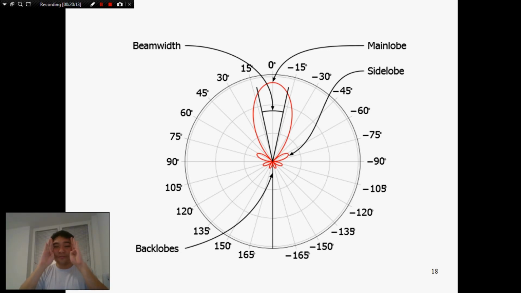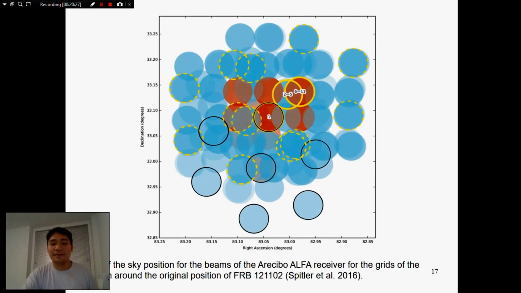But you can also detect the side lobe. This is the side lobe. If there is an FRB here, and it is bright enough, we can detect it in the side lobe. So that might be what happened there: this one might be just a very bright FRB, and we detected it in the side lobe.